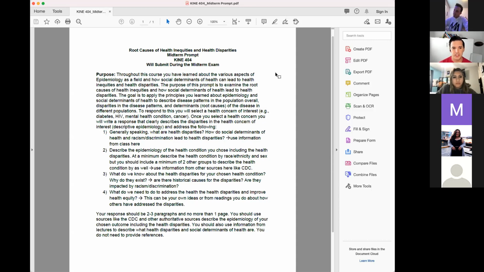If someone is a sexual and gender minority, they often face homophobia, transphobia, and other discrimination that impacts their health. So in order to address these health disparities, we need to address the discrimination that these groups face to improve health equity. So you just have to write up 2 to 3 paragraphs to describe the epidemiology, the health disparities, and what we need to do.